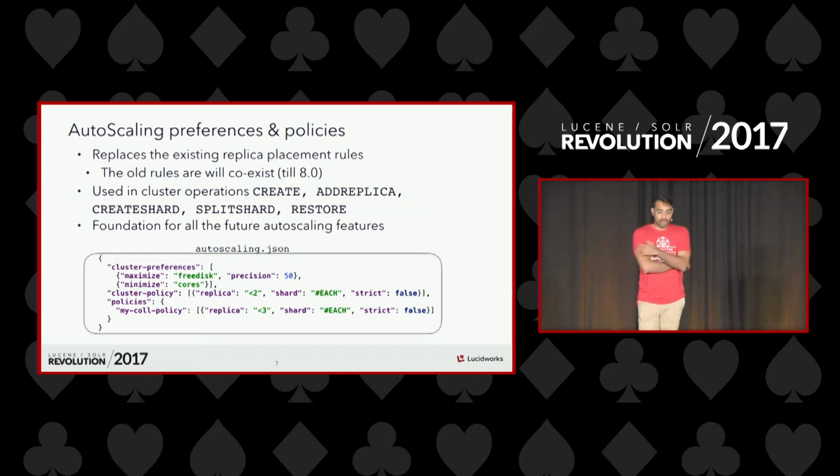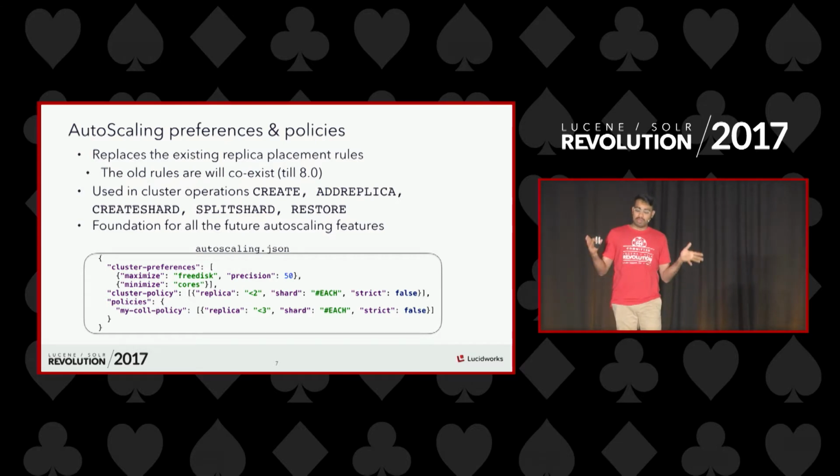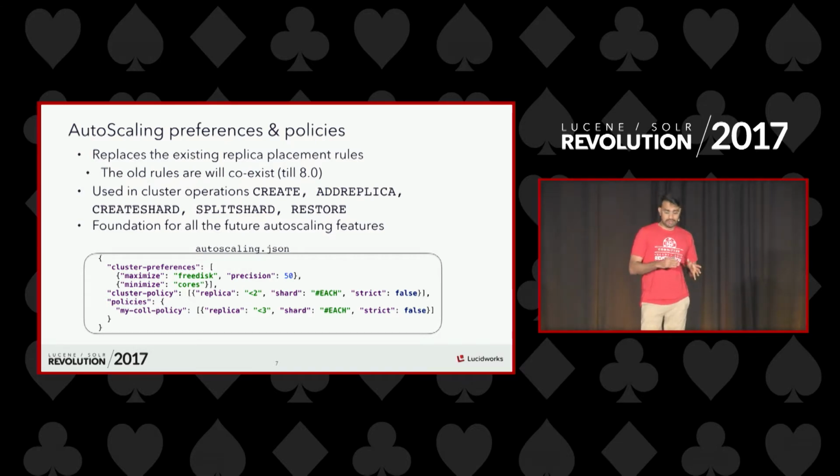So for autoscaling, the first set of features going into 7.0 is a new way to specify how your cluster should be arranged, like where a replica should be created, which node it should be created on. This will eventually replace the old replica placement rules. So we have a new and improved syntax for specifying this stuff and a new engine to compute it.